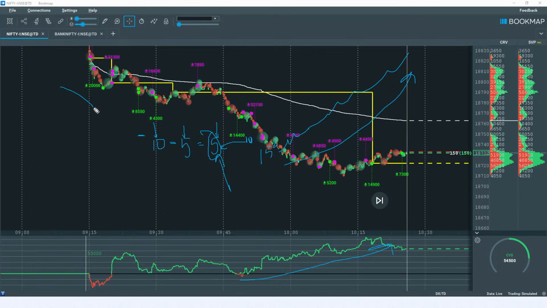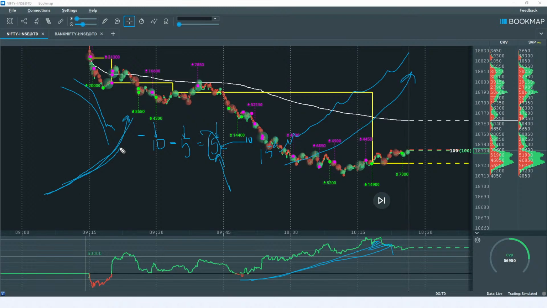Similarly, if the cumulative delta is decreasing, that means there is aggressive selling activity, and consistently the aggressive selling activity is increasing. All right. When the market is moving in the upward direction and cumulative delta is also moving in the upward direction, that is the point where we can identify that the aggressiveness in the entire uptrend is also high. The conviction of these buyers is high.